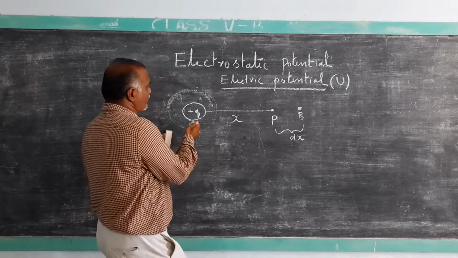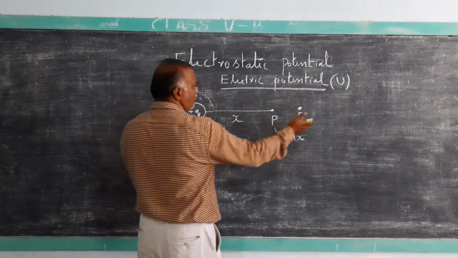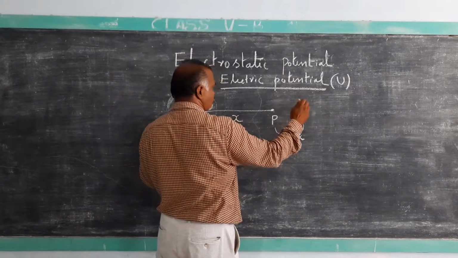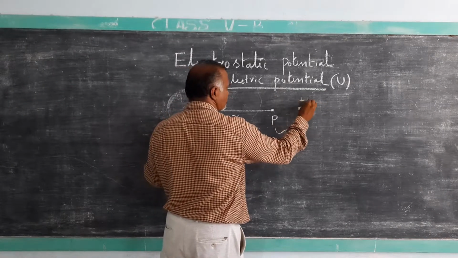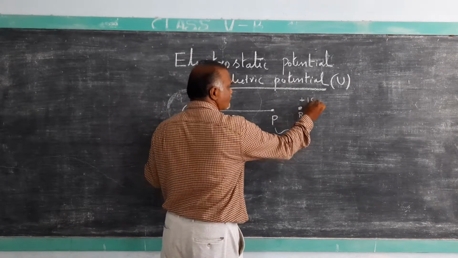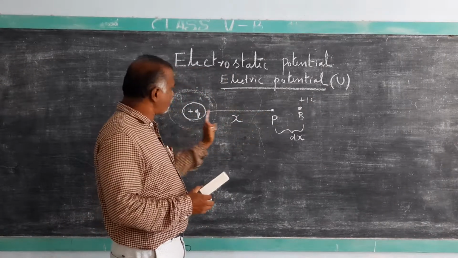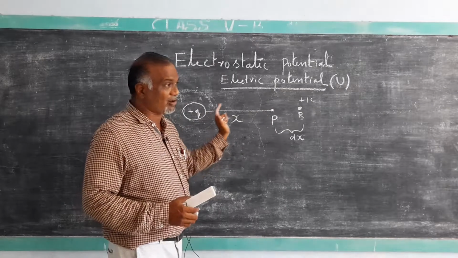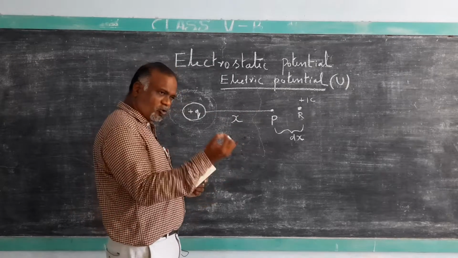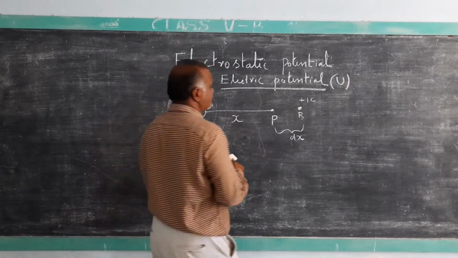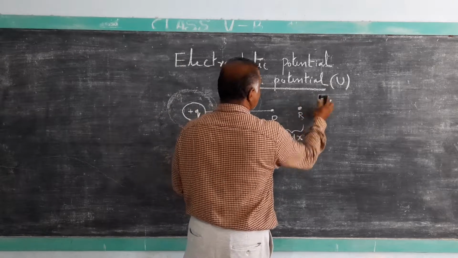So there is a field, and we try to bring a positive charge, for example 1 coulomb. Automatically a force of repulsion is there. It's not allowed by itself, so we give external work, F external.